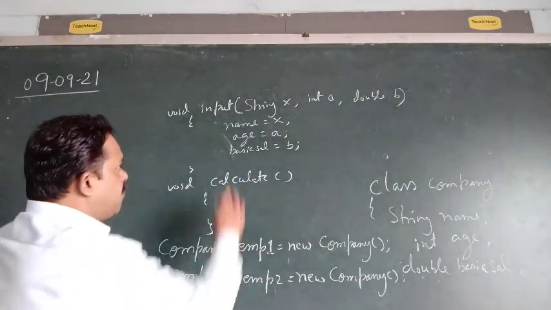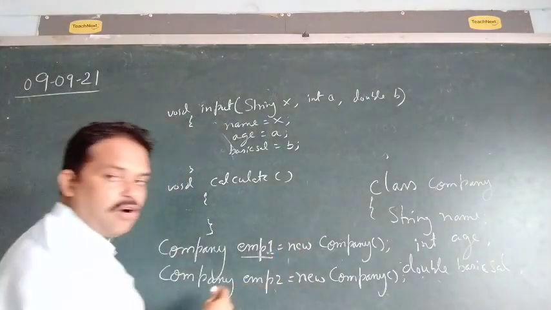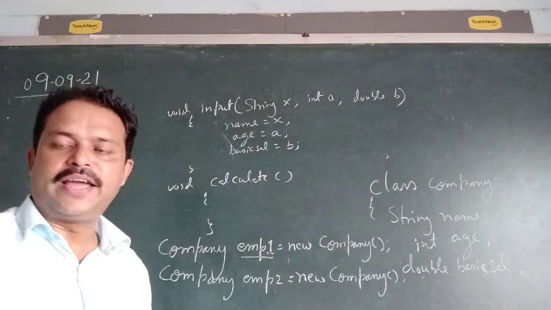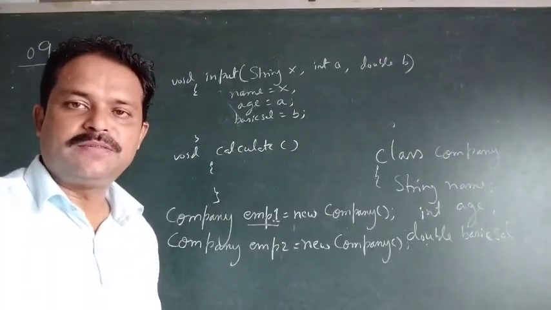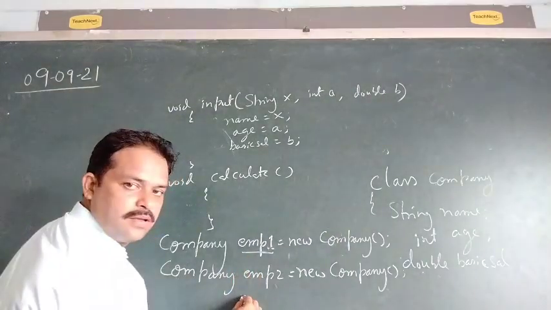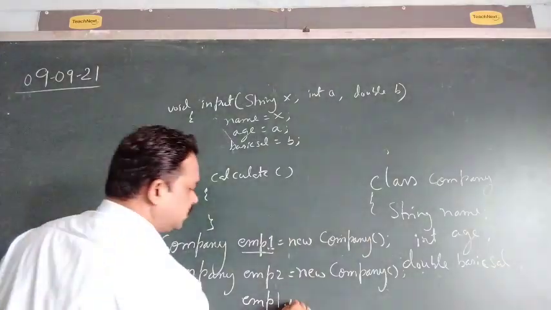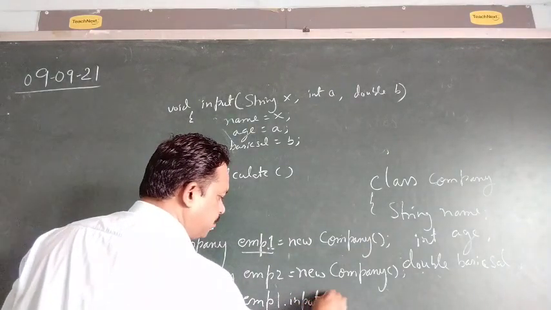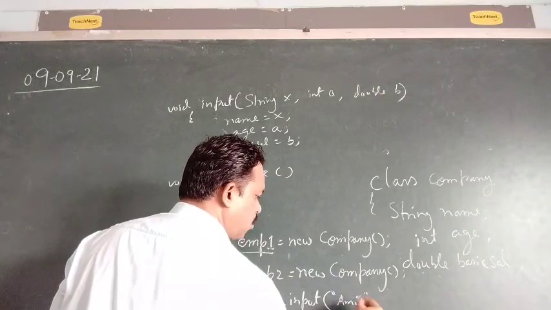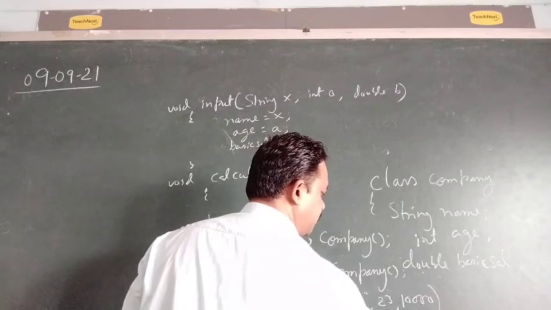If I am calling this function with this object, how will you call? What is the syntax of calling any function with the help of an object? emp1.input, and I am passing the values here: Amit, age 23, basic salary 10,000.